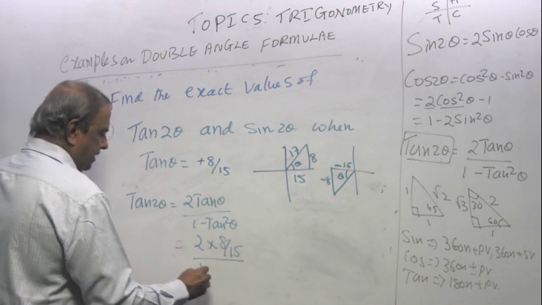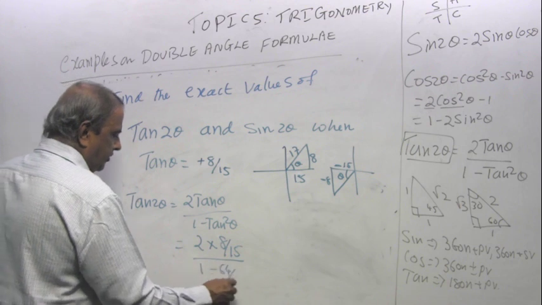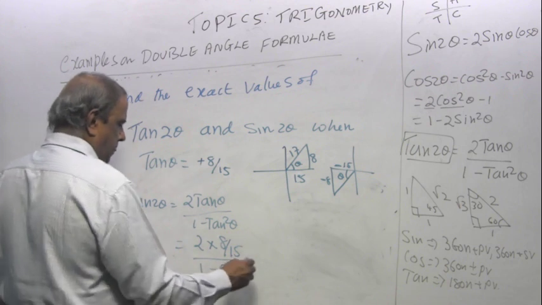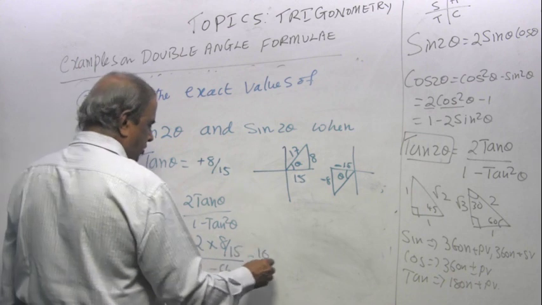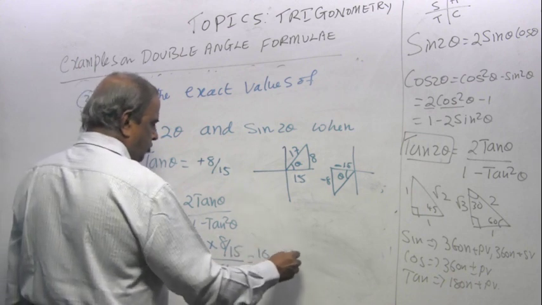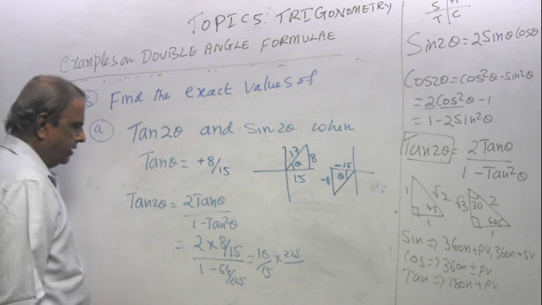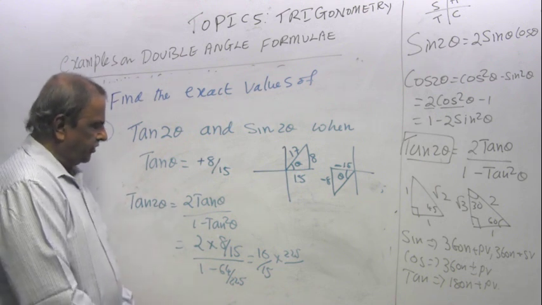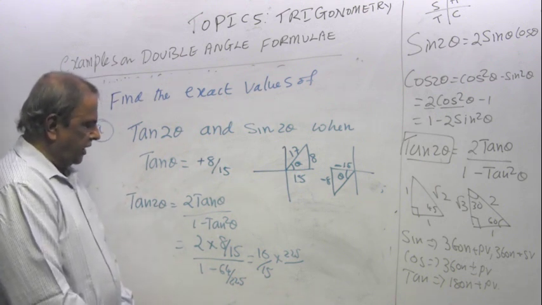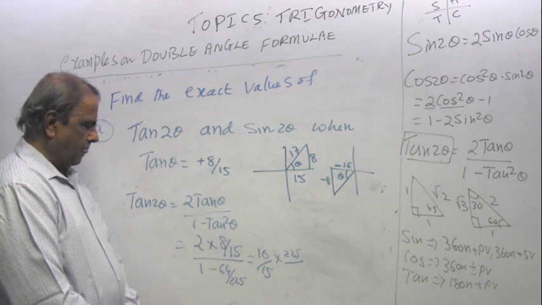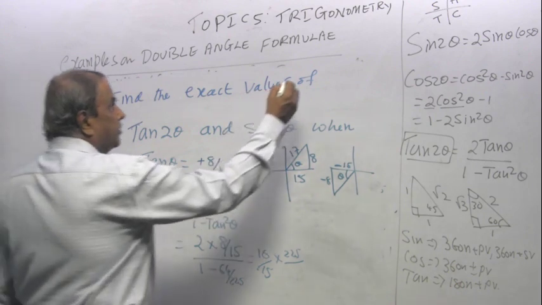15 divided by 1 minus 64 over 225. That is 16 over 15 times 225 over 225 minus 64. What's 225 minus 64?